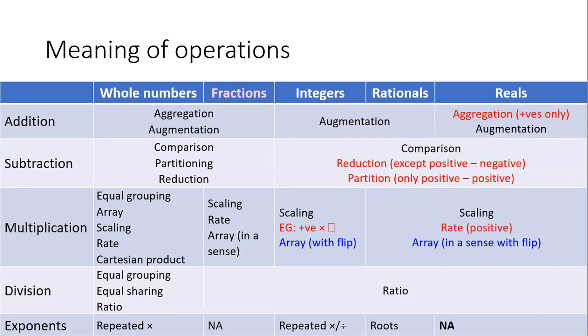Scaling works throughout, but equal grouping doesn't necessarily always work. Rate also doesn't necessarily always work. The negativity comes in, so you have to think about these carefully. That's it in a nutshell.